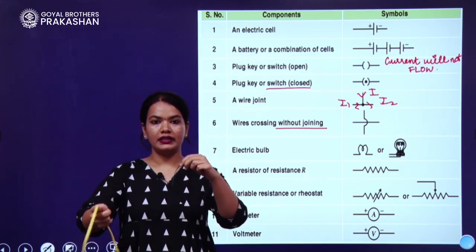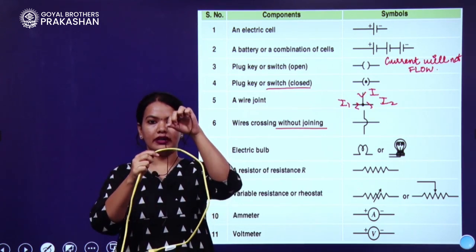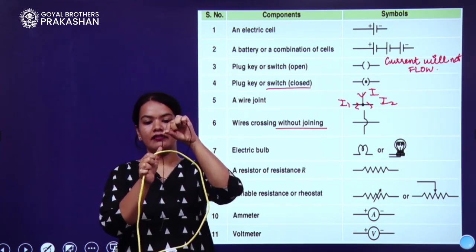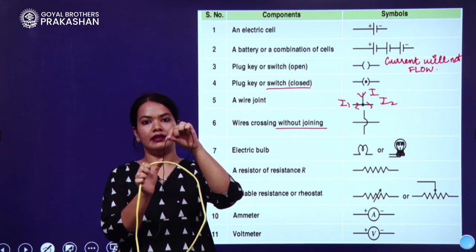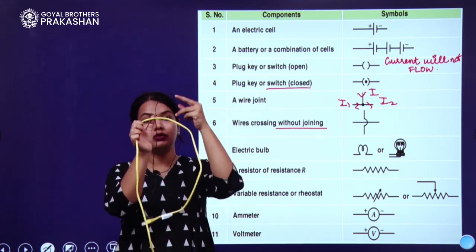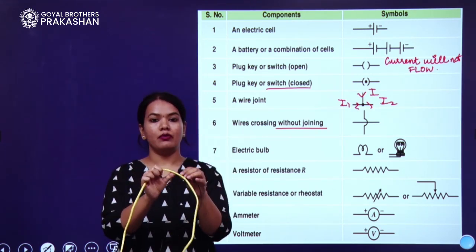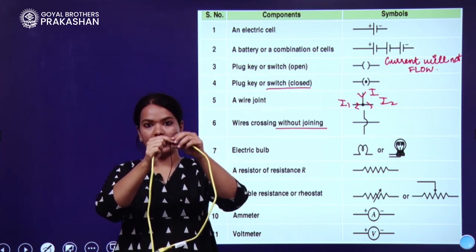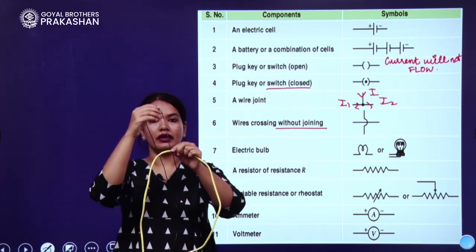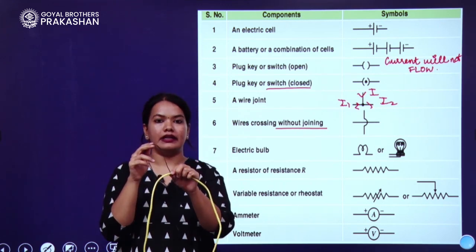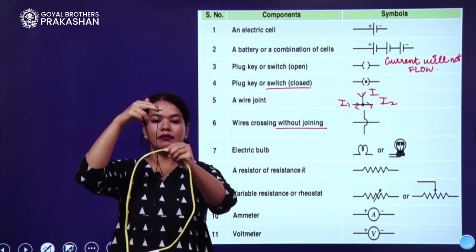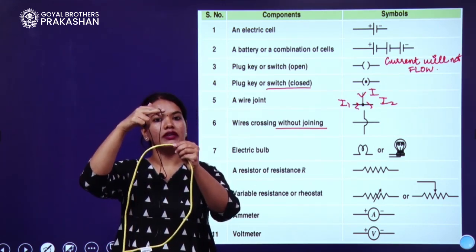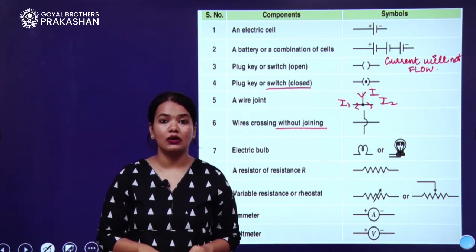How will you do it? Wire without joining means this connection. The black wire is going over the yellow wire. This is wire without joining. But suppose I open this yellow wire and I connect it and join it with soldering, right? Soldering is a process through which we join the wire. Then it is a wire joint, okay? But in this situation, when both are separated, they are just crossing over each other. It's a wire crossing without joining.